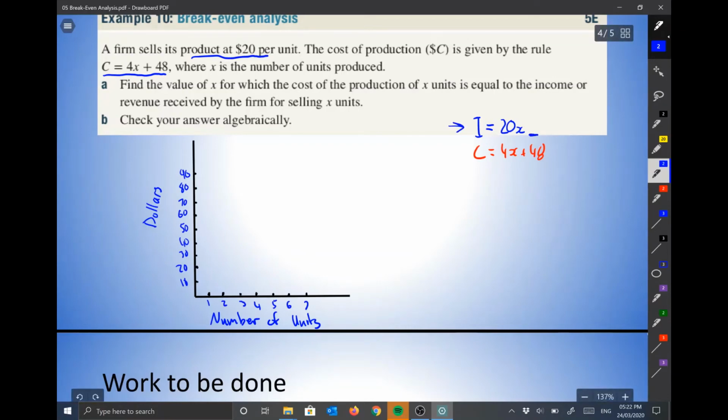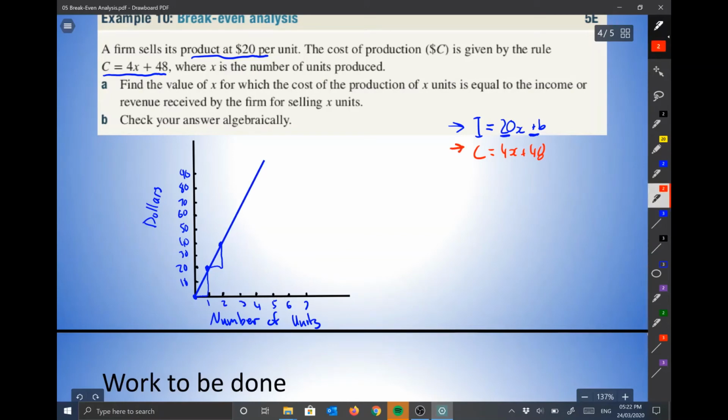We have no plus b here, so we have a y-intercept of 0. And then our m is 20, so that means every time we go across 1, we go up 20, and then across 1 and up 20. And then we can connect our points. It's meant to be a straight line. We can connect our points with a line like that.